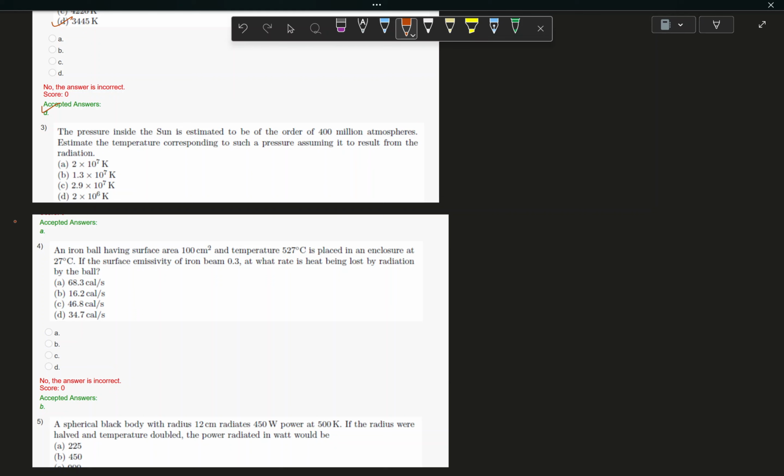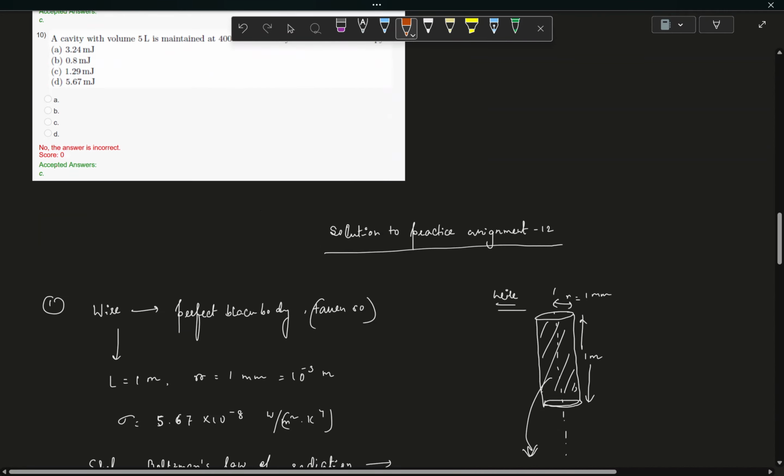But there is a particular kind of formula for radiation pressure, or pressure of radiation. So it is important to mention that here this pressure is coming from the thermal radiation inside the sun. So we'll see what the formula is, and also the pressure value is given, and you have to calculate the temperature.